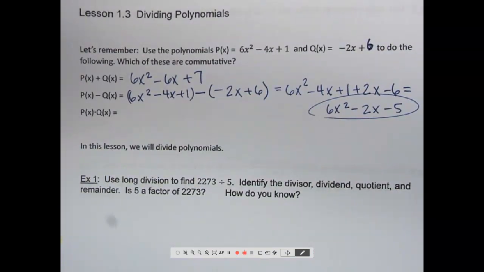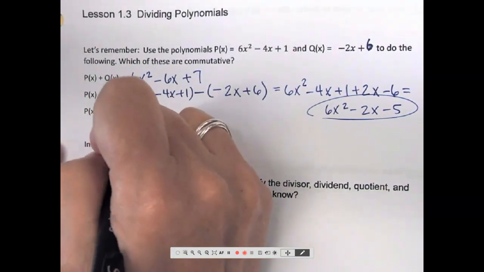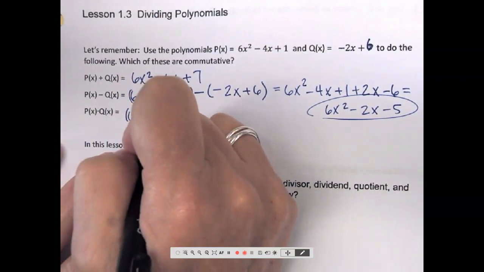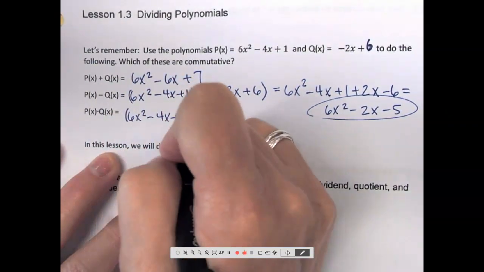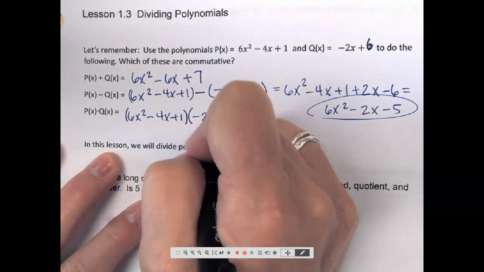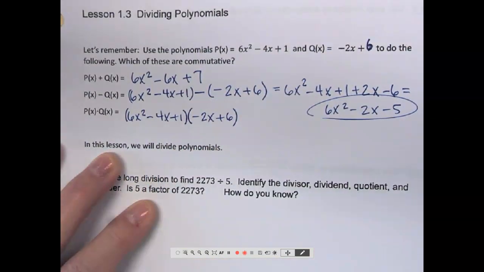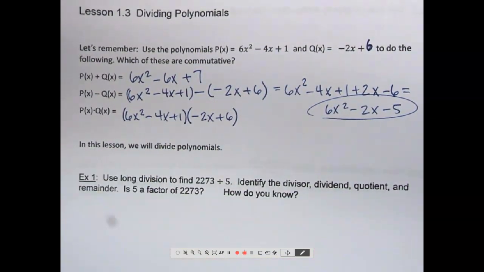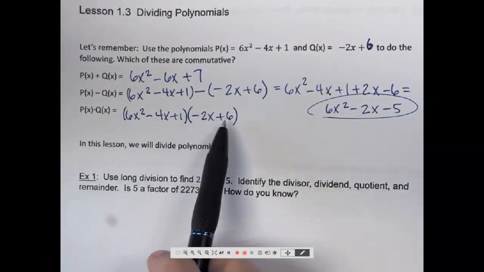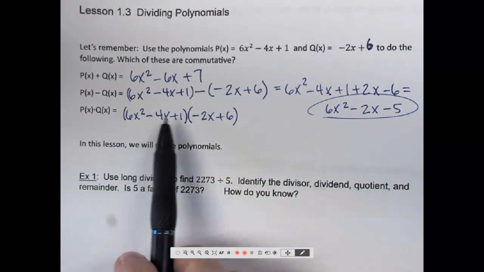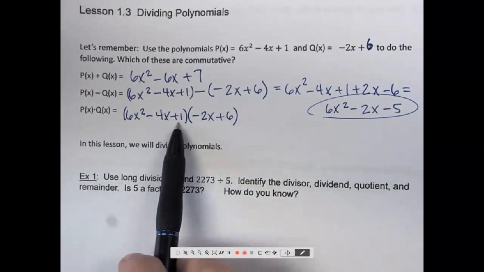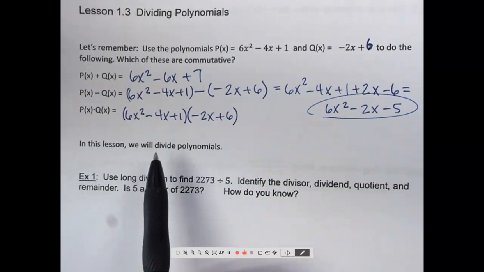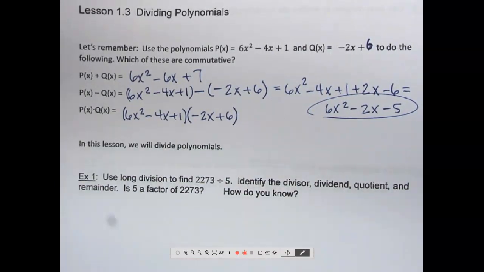Are we good there? Okay, so now p of x times q of x. I'm just going to take that 6x squared minus 4x plus 1 and multiply it by negative 2x plus 6. Okay, so that's just going to be a lot of distributive property, right? So I'm going to take the 6x squared, multiply by both, the negative 4x, multiply by both, 1, multiply by both, look for like terms. Okay, you do it, I'll do it, and we'll compare.